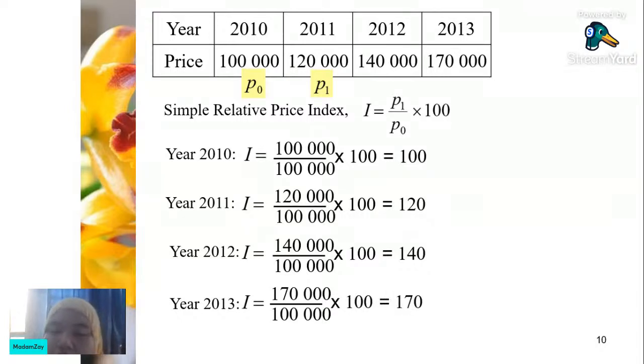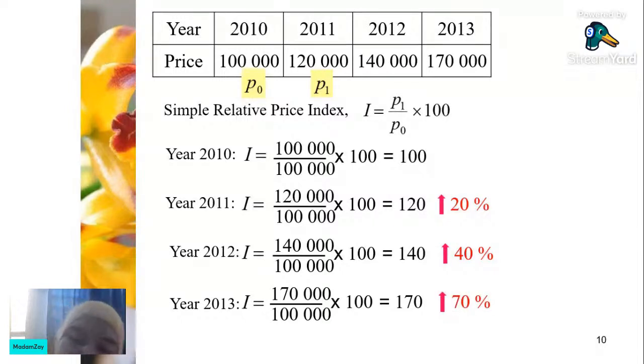So what can we interpret from these values? For each year, we need to write down the conclusion. So for 2011, it increased by 20%. For 2012, it increased by 40%. And then for 2013, it increased by 70% compared to the base year, which is 2010.